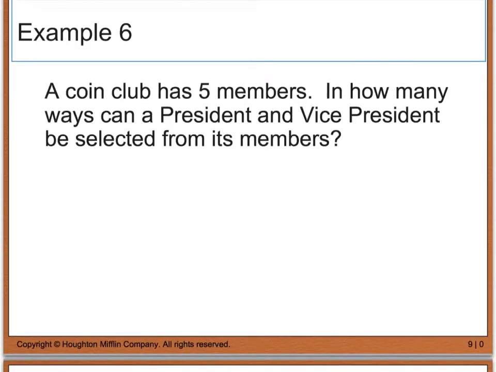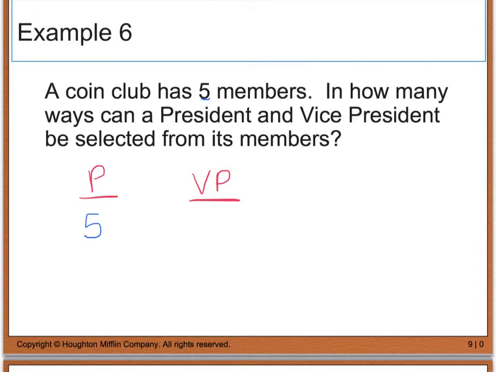Example 6 says, a coin club has 5 members. In how many ways can a president and vice president be selected from its members? So if I have my president here and my vice president here, the number of presidents that I can choose from is 5, since I have 5 members.